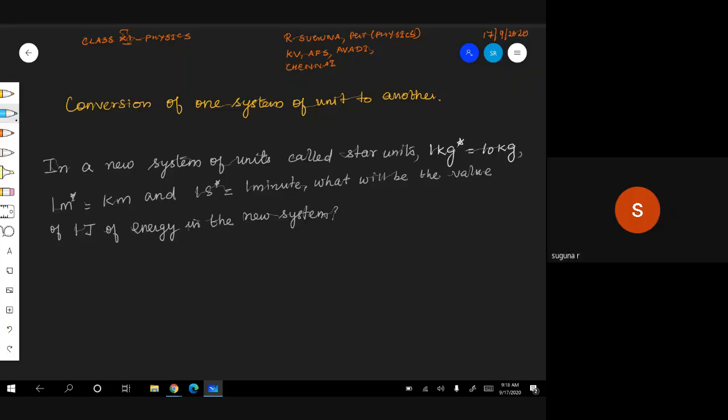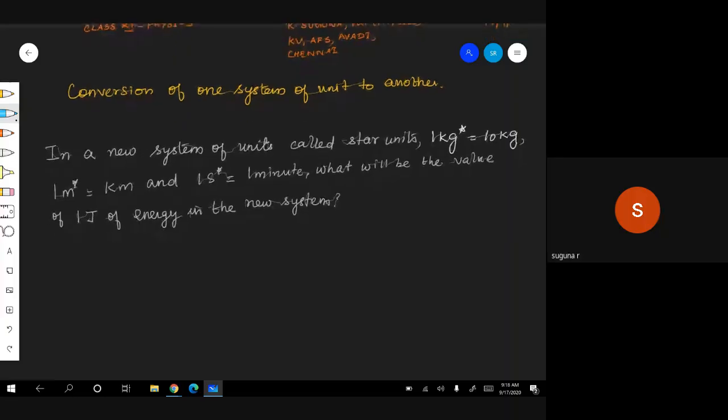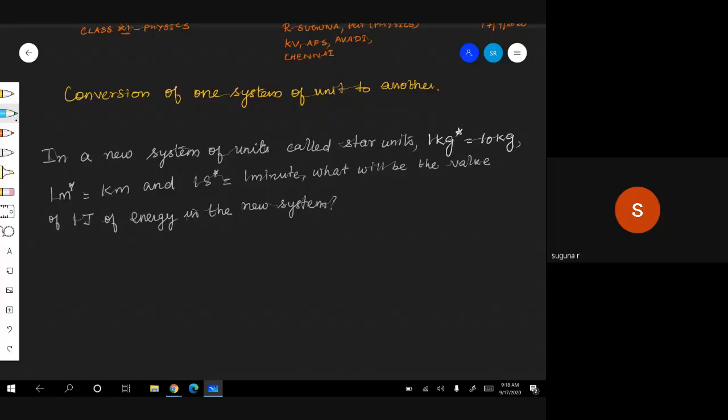Now I am going to give you one sample. Yesterday I told you there are some hypothetical units, which do not actually exist in the physical world, but which help you understand how to convert one system to another, so that you get a grip and can convert whatever unit is given into whatever unit you want.